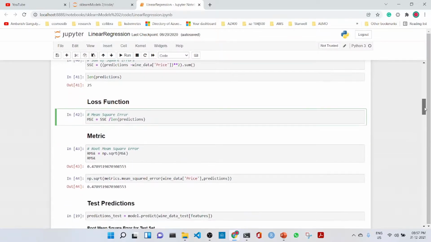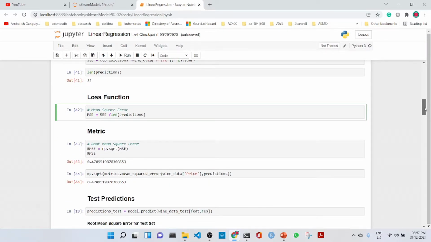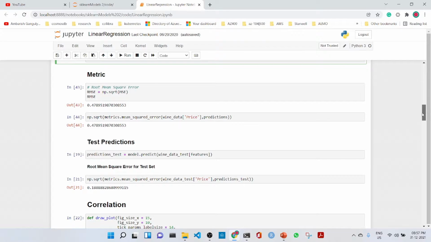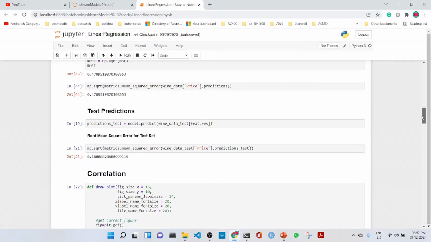The metric is the RMSE, and we get it is equal to 0.478. The test predictions we can do by model.predict, and the root mean square error is 0.1888.